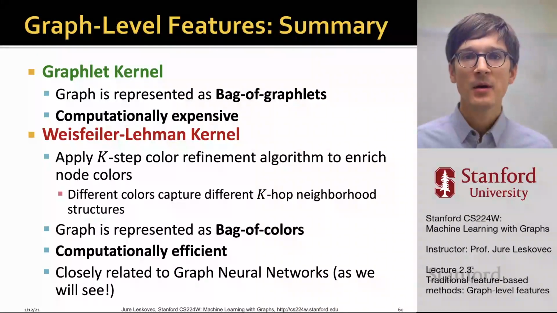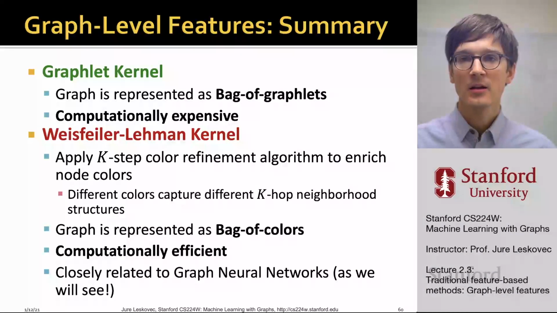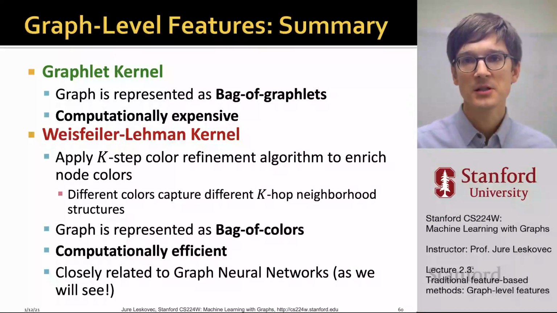At the same time, the Weisfeiler-Lehman kernel is based on this k-step color refinement algorithm that enriches and produces new node colors that are aggregated from the colors of the immediate neighbors of the node. And as multiple rounds of this color refinement are run, the node gathers color information from farther away parts of the network.